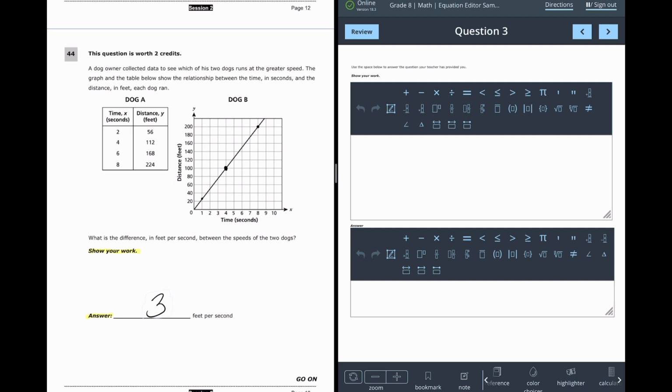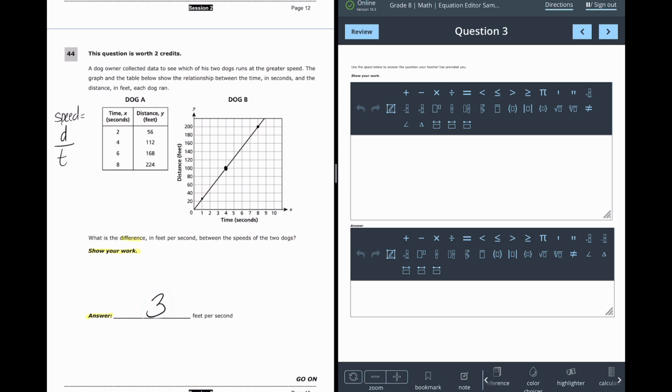I have speed is equal to, it's pretty much my distance over time. Like how many feet per second. That's what we're looking for. Okay. What is the difference in feet per second? So that's important. I want the difference in feet per second between the 2 dogs. So let's look at dog A. And we already know that we're going to have a constant speed.